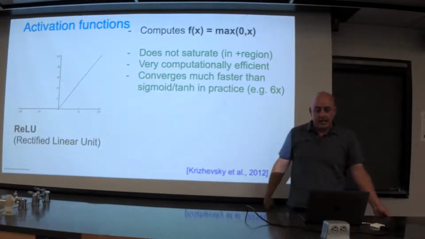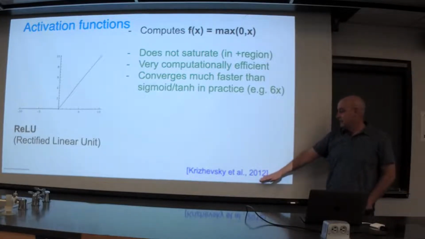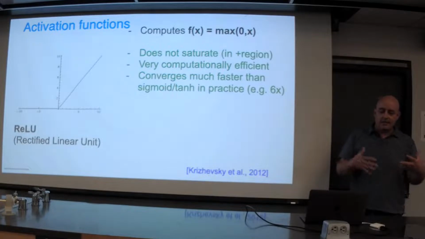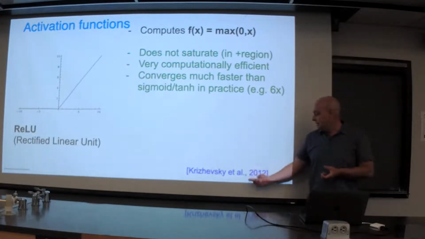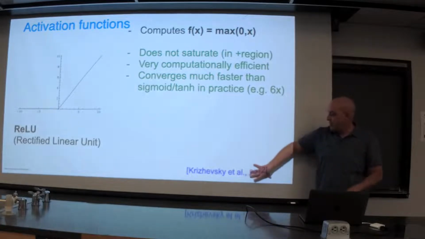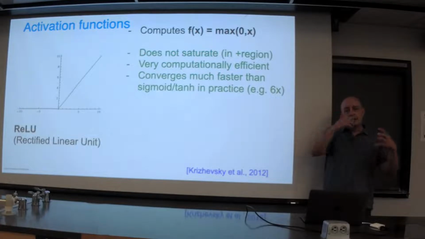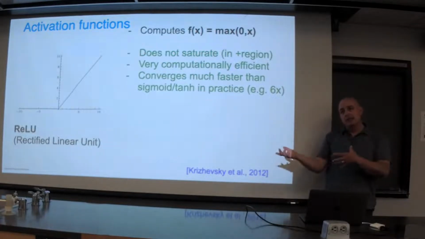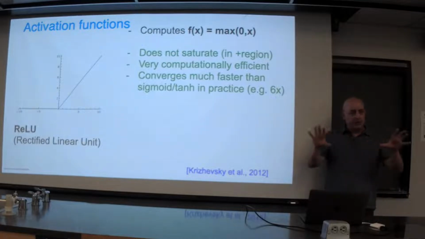Also, you got that problem. Then all of a sudden, we get to 2012. Now these were being used before, but this is the paper associated with the group that won the 2012 ImageNet classification competition, which really started the deep learning revolution.